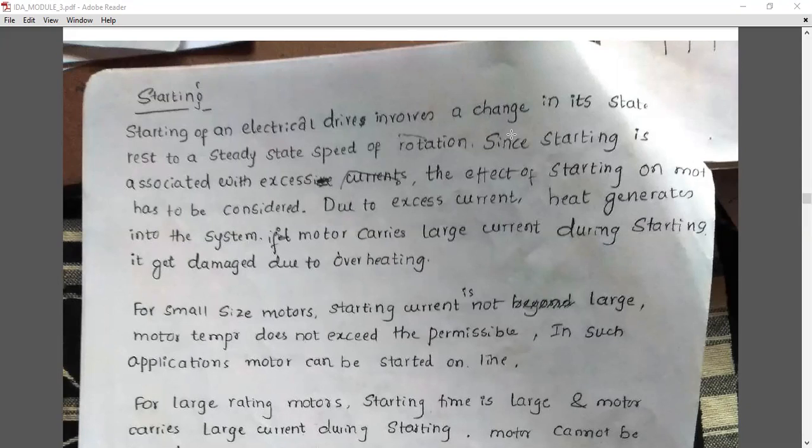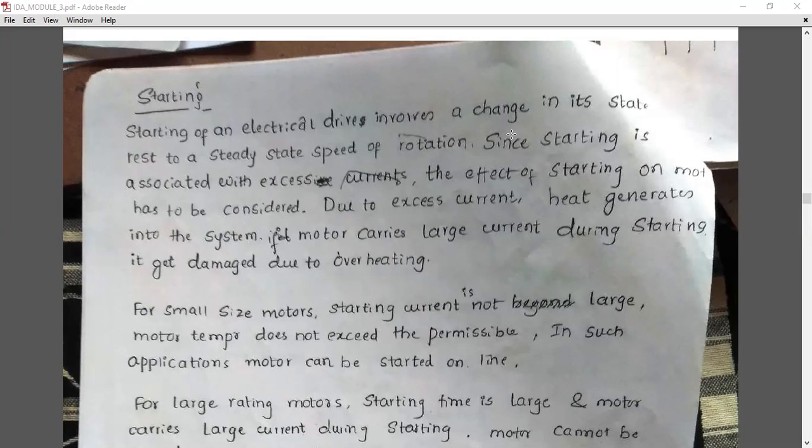Whenever we apply the voltage, the motor carries a high current, so heat will be generated inside the system. That heat should not affect the motor.